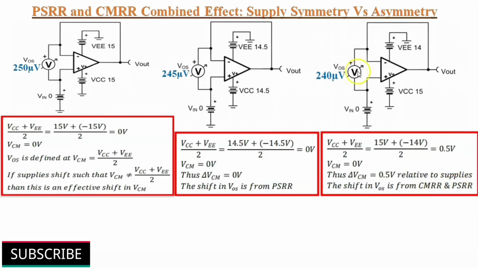So the input offset voltage change is 1 microvolt compared to the default test condition. The key thing to understand is that an asymmetric change in the supply voltage translates to a shift in the common mode voltage. A shift in common mode voltage will introduce a common mode rejection error.